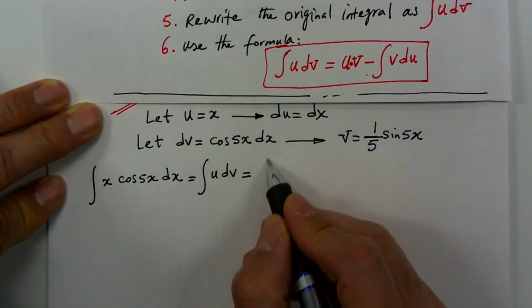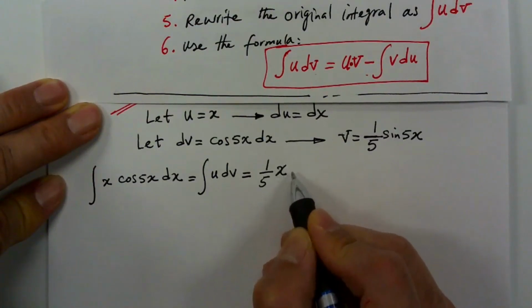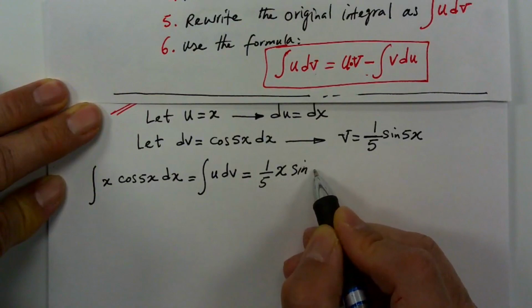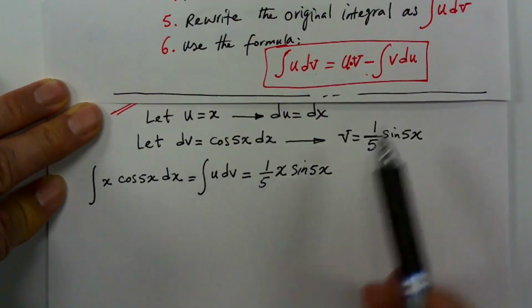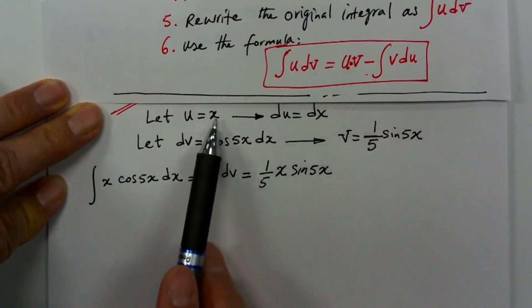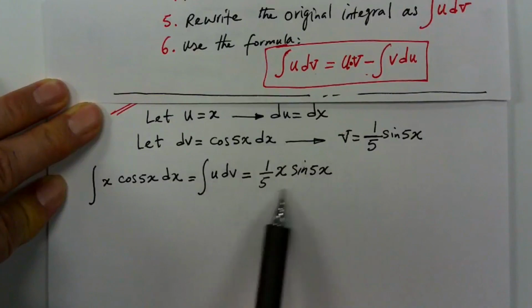So we have 1 over 5 times x times sine of 5x. That's just u times v. u is x, v is that. We multiply them, we get that.